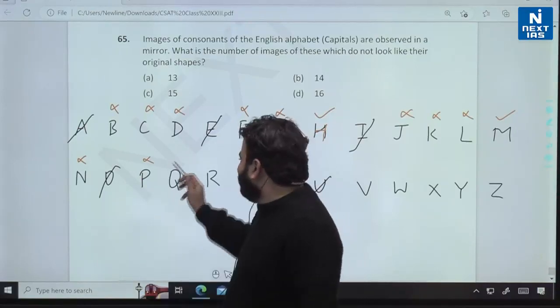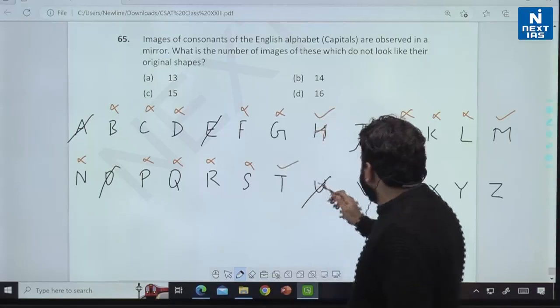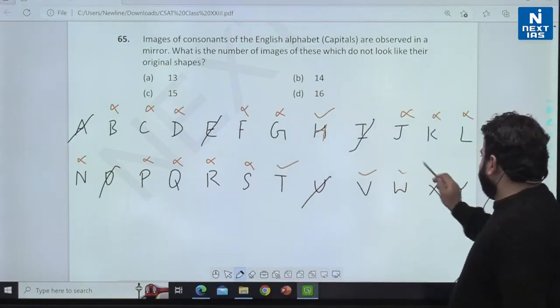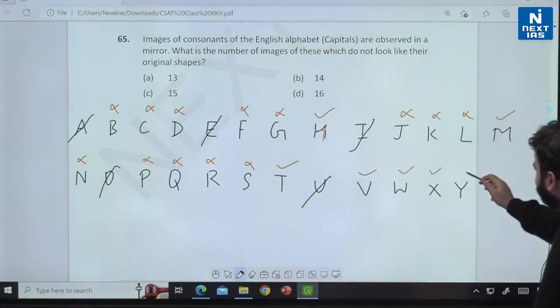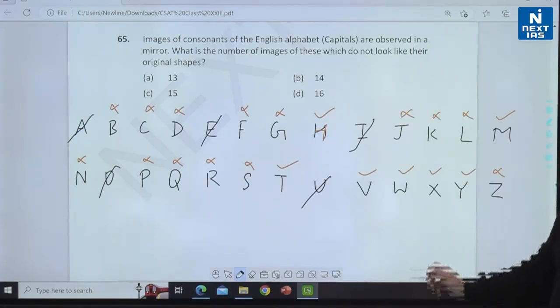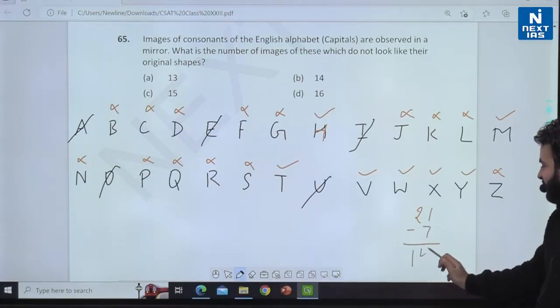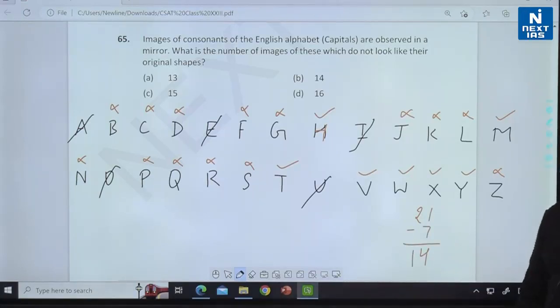It will not be exactly the same. R, S, T, V, W, X, Y. So now, how many are you getting the same? 7 are the same. So out of 21 consonants, 7 look exactly the same. Then how many do not look exactly the same? 21 minus 7, that is 14.